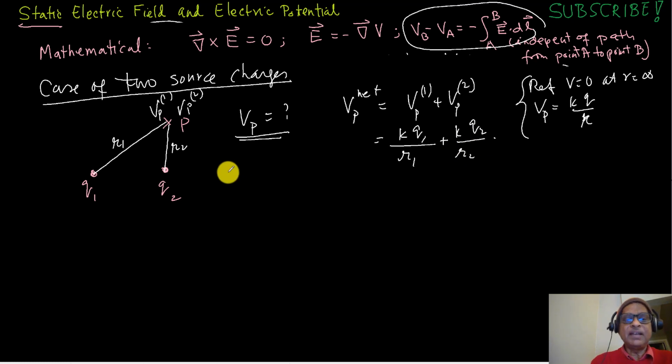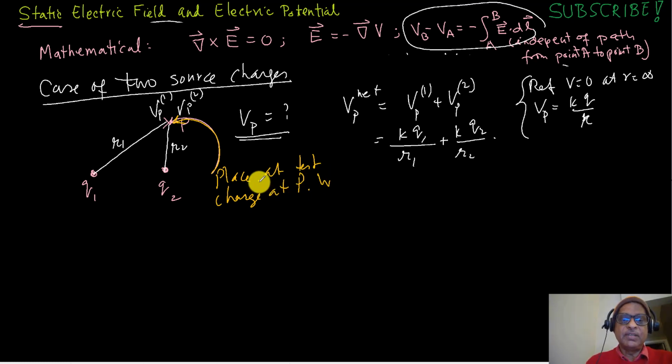So we can ask the same kind of question. What is the electric potential energy if I place a test charge Q at P? That's just Q times V at P, whatever the net is.